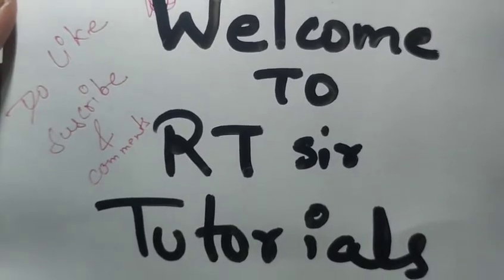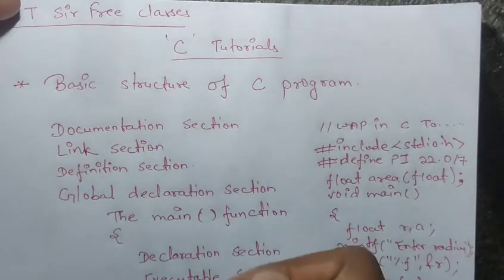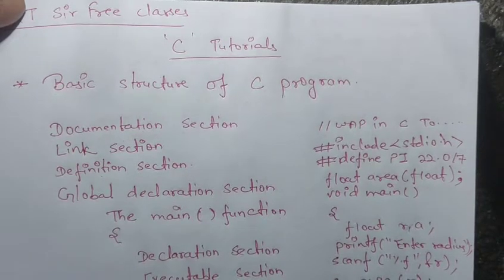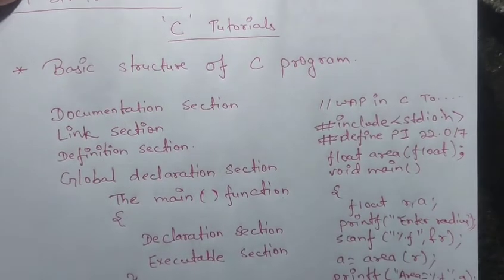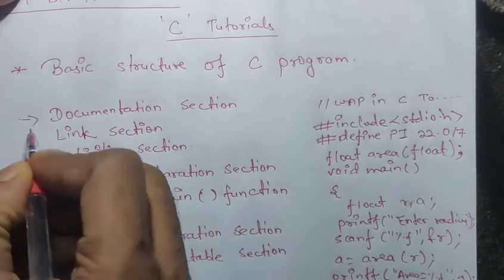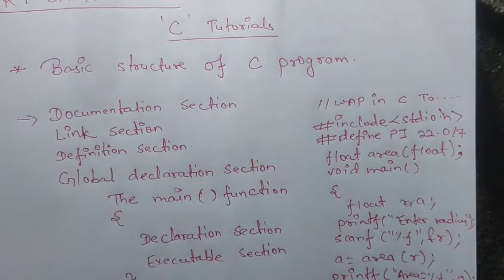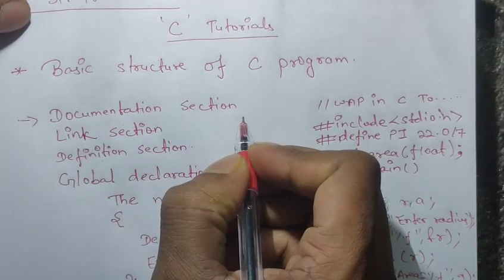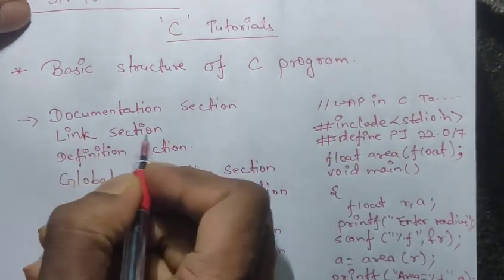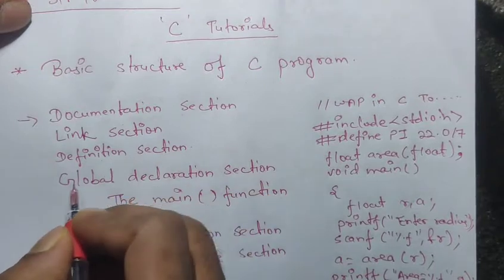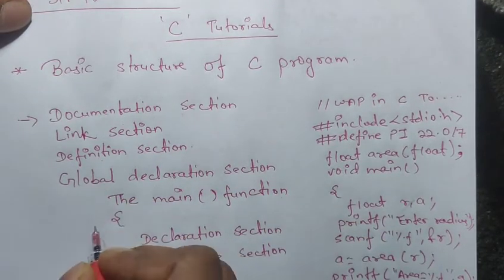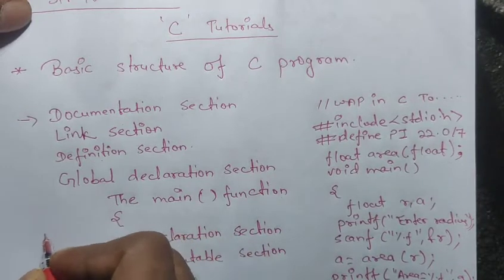So let's go. Here I have written some notes about the basic structure of a C program. So let's get started with it. Here in the basic structure of C programming, we see that the documentation section is there at first, and after that the link section, definition section, global declaration section, main function, and of course these are known as braces.